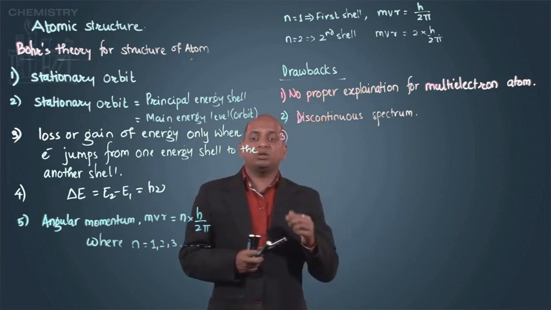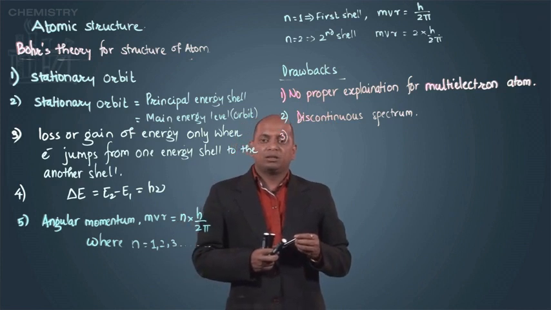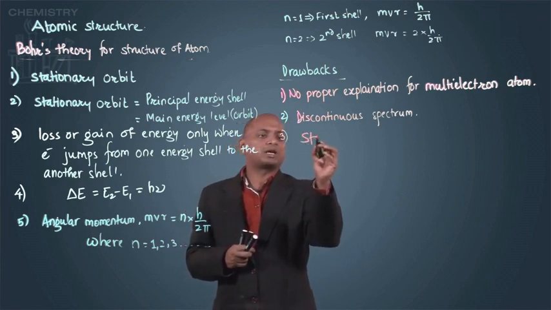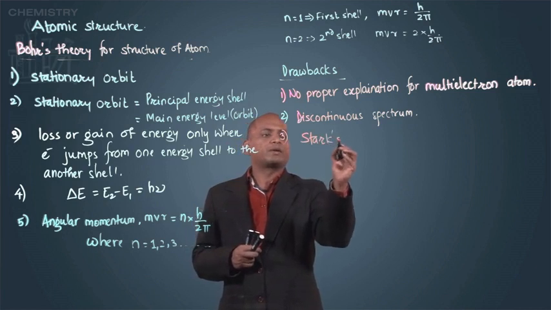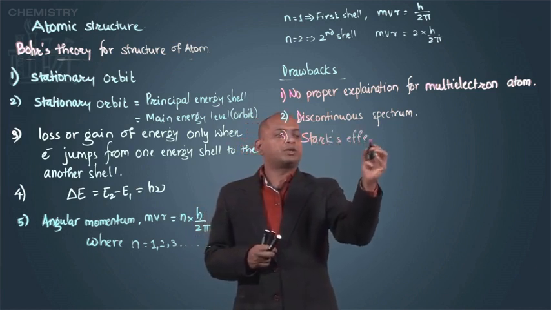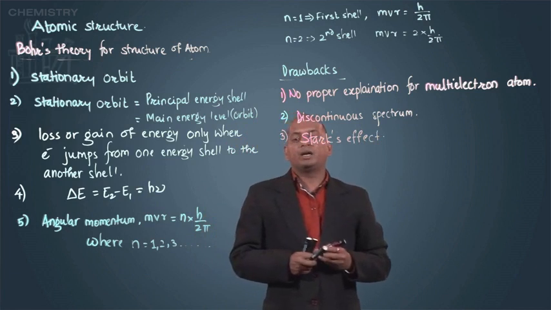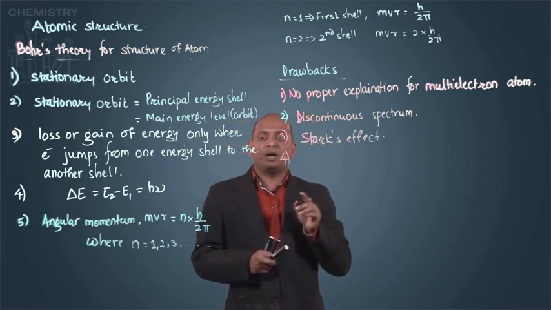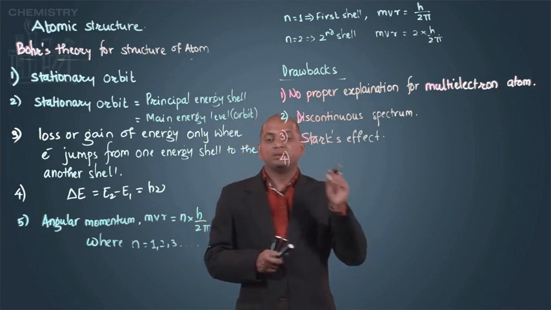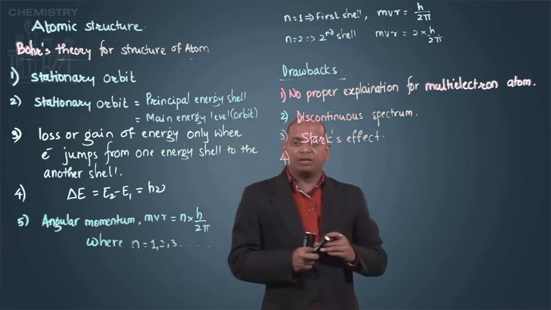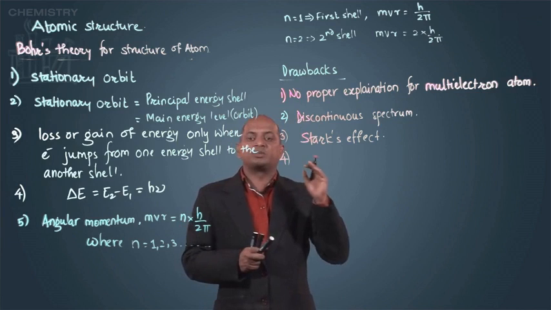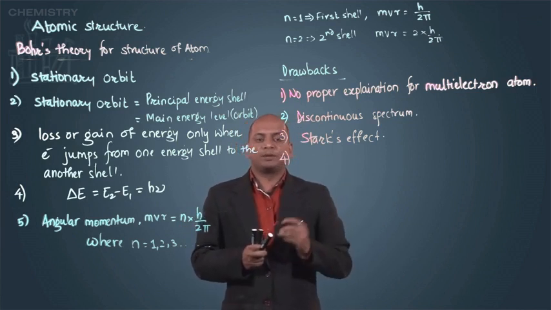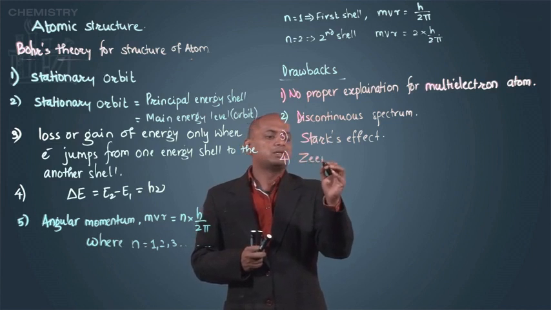That discontinuous nature under the influence of electric field is called Stark's effect. That was not explained by Bohr. Similarly, if we pass that atomic source of radiation through a magnetic field, again there is a splitting of lines. That is also not explained, and that effect is called Zeeman effect.